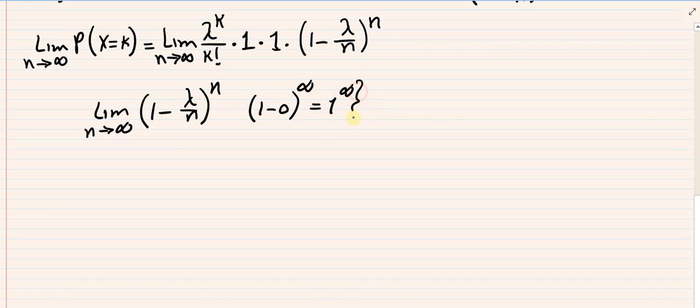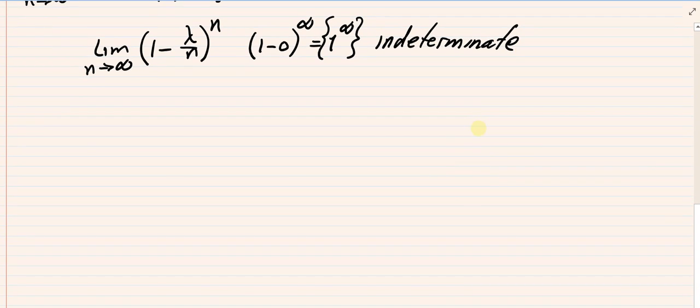Now 1 to infinity is one of the indeterminate forms of the limit, right? This is from your calculus. You should know that from our calculus, right? So we know that 1 to infinity is indeterminate. And typically for the indeterminate form 1 to infinity, one of the remedial actions is to look at the limit of the natural log.